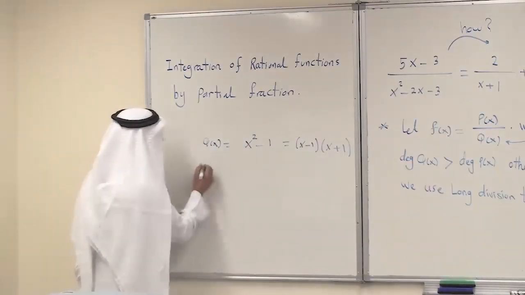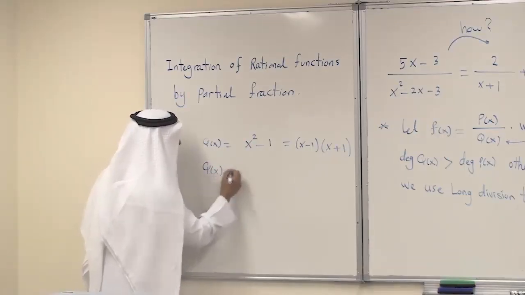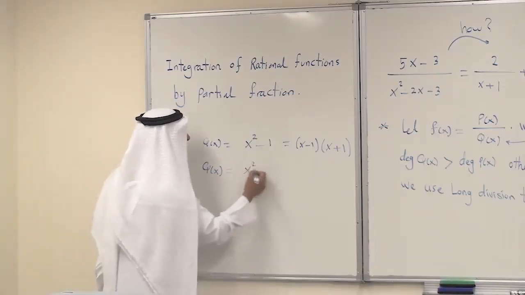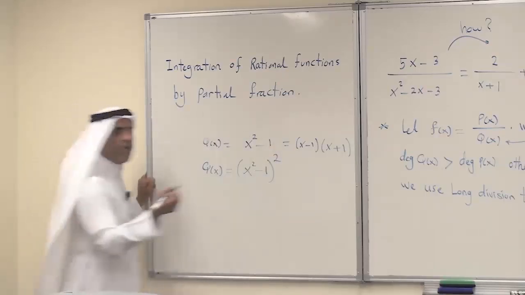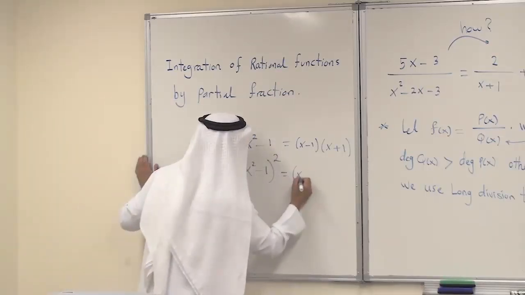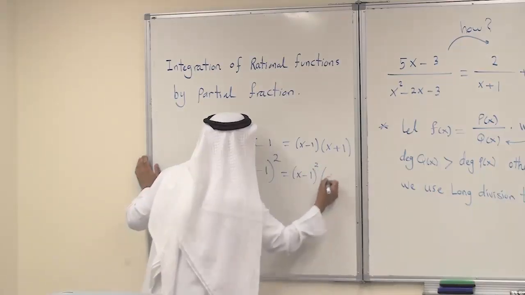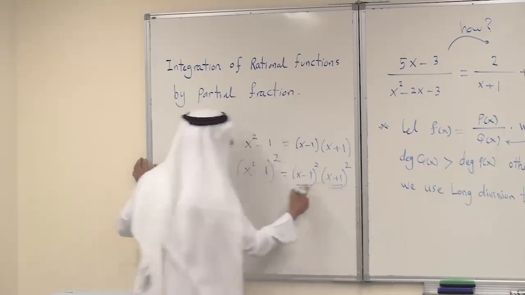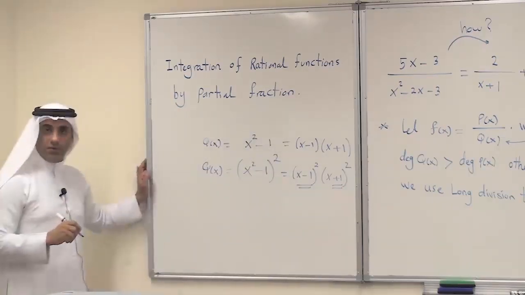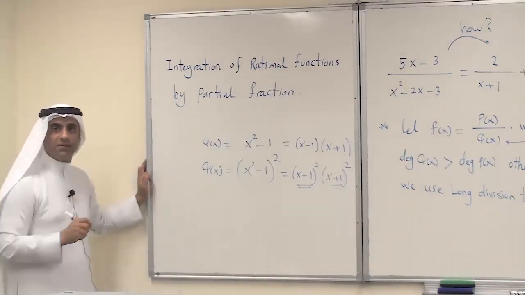Good. But if Q of x, for example, has something like x squared minus 1 all squared, then what is the factorization of this? It will be x minus 1 all squared, x plus 1 all squared. So these are linear factors, yes, but with a kind of repetition, with multiplicity.